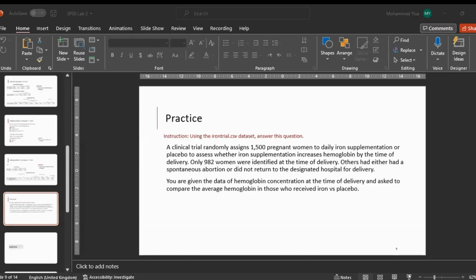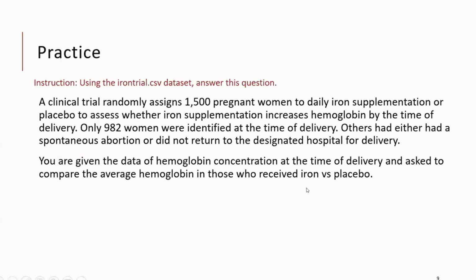If you look at this, the last line says you are given data of hemoglobin concentration at the time of delivery and asked to compare the average hemoglobin in those who received iron versus placebo.